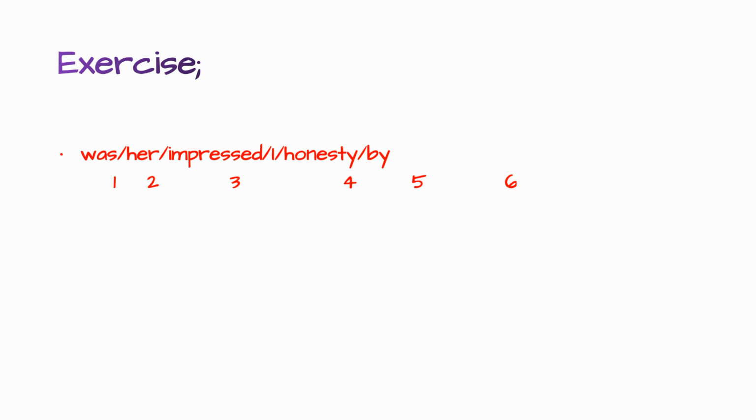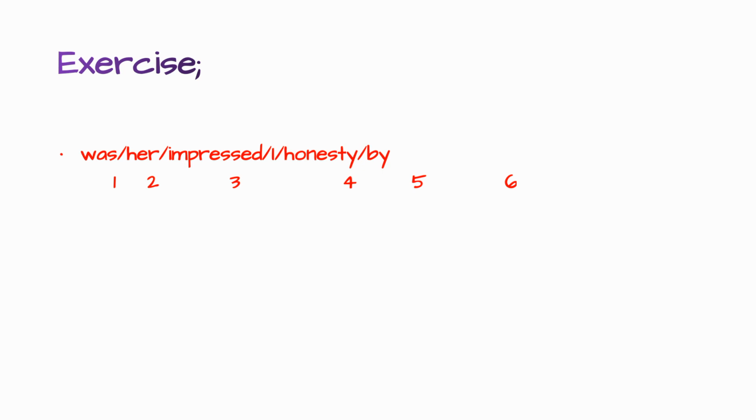Now I am going to read out the first one. There are 6 jumbled words: 1, was; 2, her; 3, impressed; 4, I; 5, honesty; 6, by.